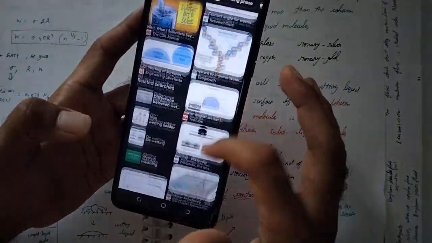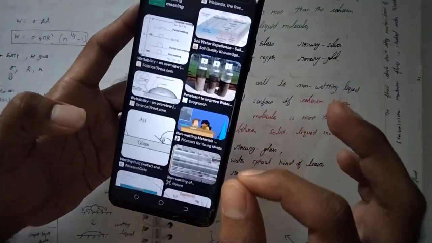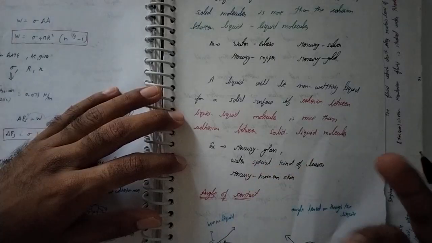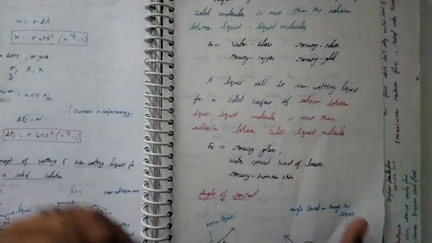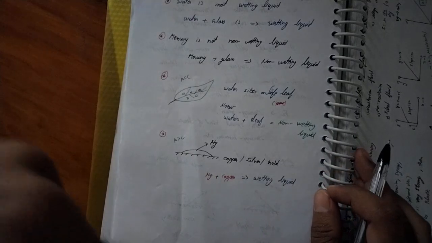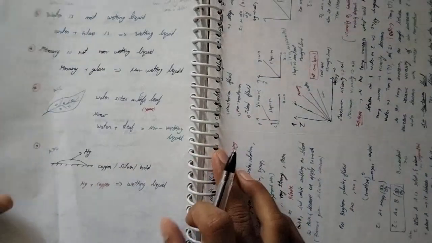It's not given here, but when we put water on a certain kind of leaf, water behaves as a non-wetting fluid. I think we're getting the point. When mercury interacts with copper, silver and gold, it becomes a wetting fluid. So that's the scenario.